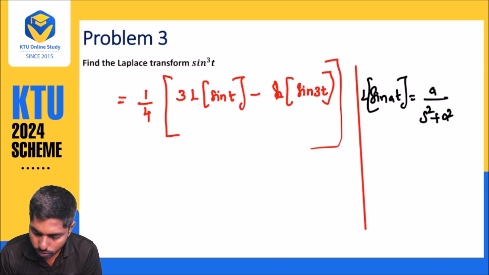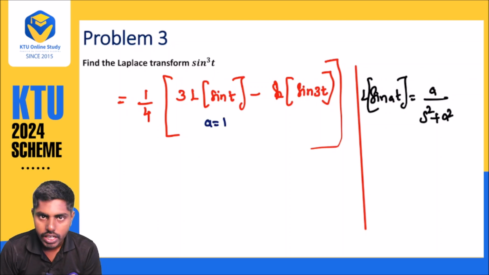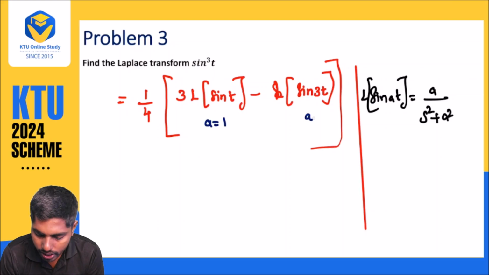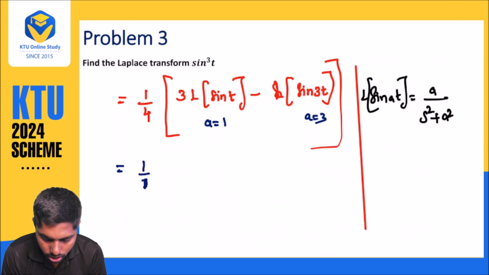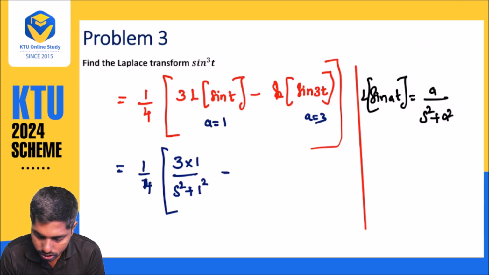Now when you are solving, what is a here? a equals 1. And here, a equals 3. Just apply the formula: 1 by 4 is common, then 3 divided by, with a equal to 1, s square plus 1 square, minus, with a equal to 3, 3 divided by s square plus 3 square.